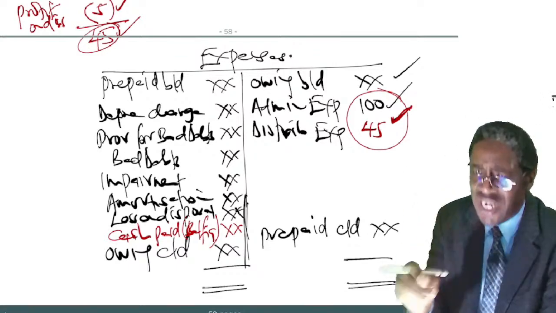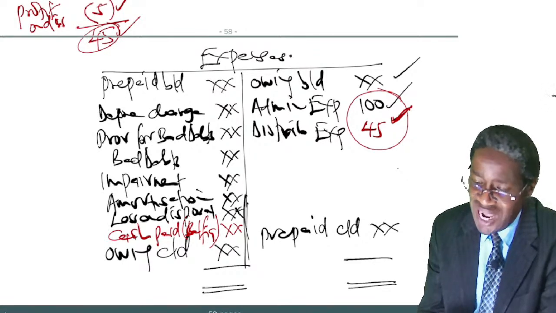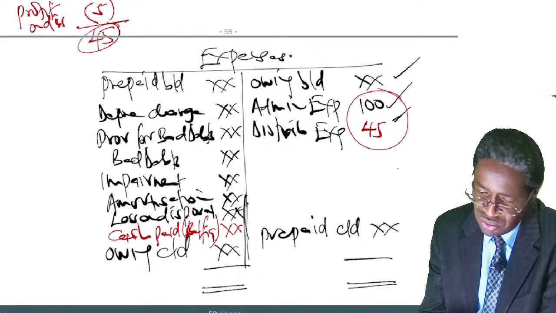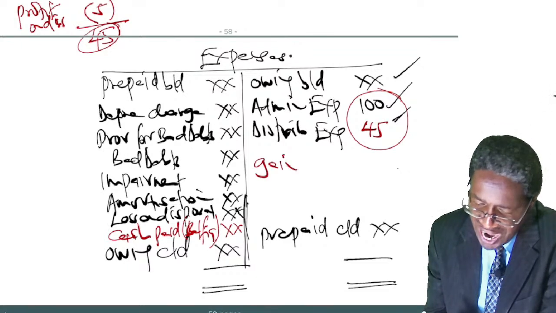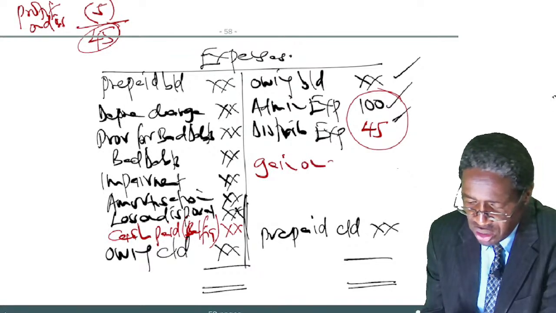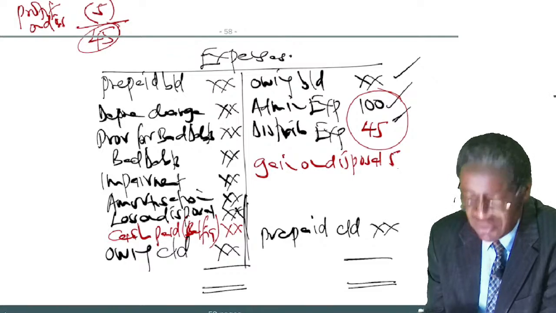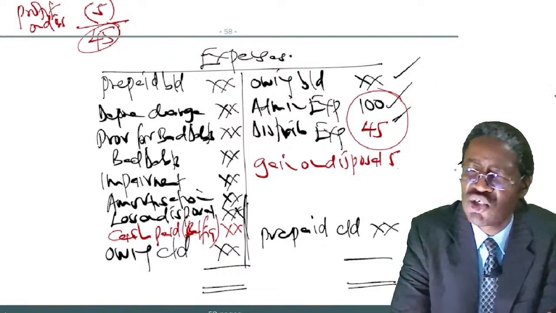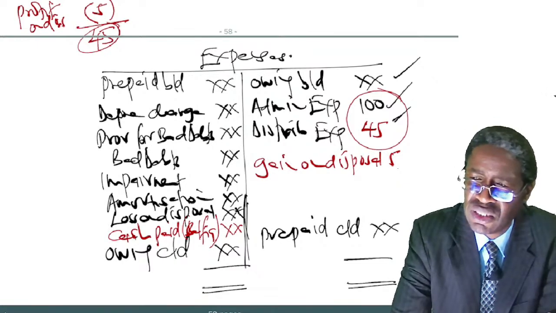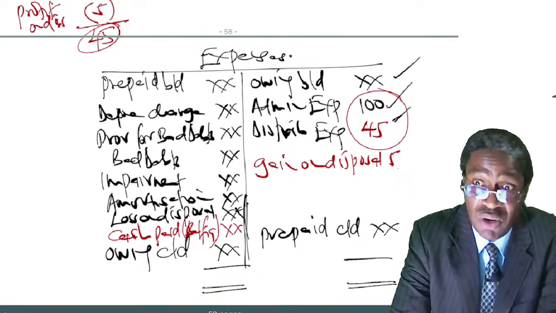So to correct this amount of 45, with that gain on disposal of 5, we shall be bringing it and adding it here, so that you restore the true distribution expenses to 50 million. I hope you have understood.